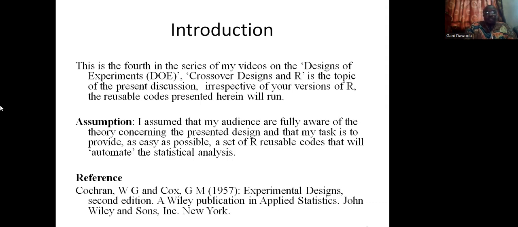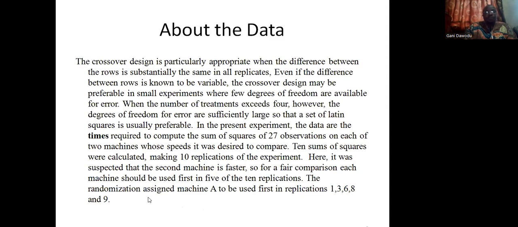The reference material still remains Cochran and Cox. Okay, about the data, but I need to say something about crossover design. Crossover design is particularly appropriate when the difference between the rows is substantially the same in all replications.